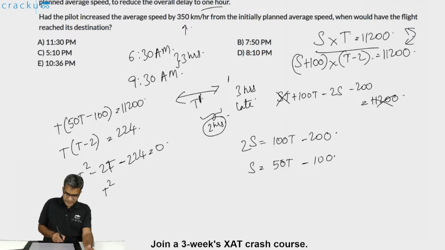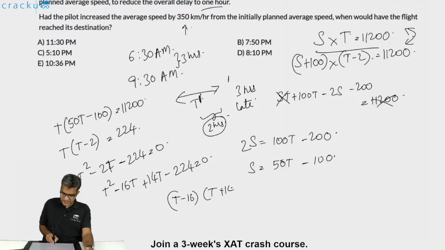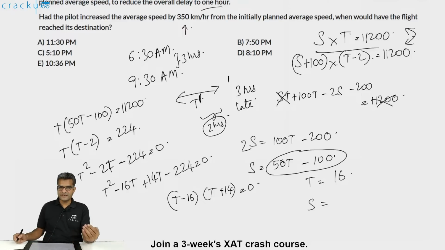So t square minus 16t plus 14t minus 224 is 0. So t minus 16 into t plus 14 is equal to 0. This would imply that the original time t is 16 hours. So the value of s is equal to 50t minus 100. So that is 800 minus 100, which is 700 kilometers per hour.